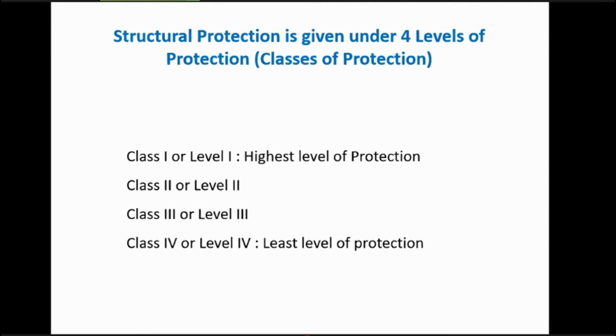Unfortunately, we are not going to the details of this. When we are giving lightning protection, somebody might ask: there is a hospital in a very lightning-dense area, for example in India, in Guwahati or in Bhubaneswar, where the lightning density is quite high, a building that houses 4,000 people.